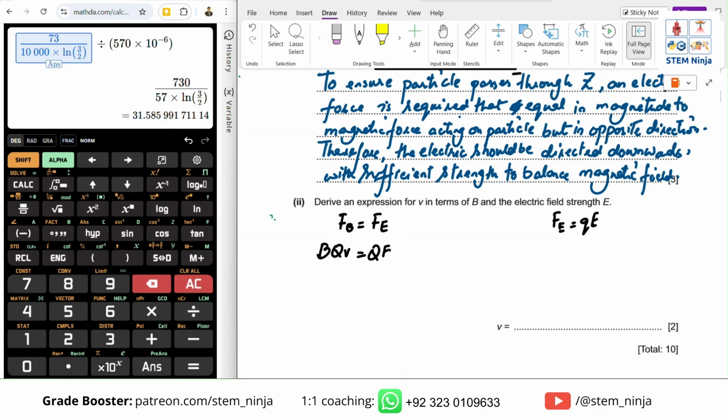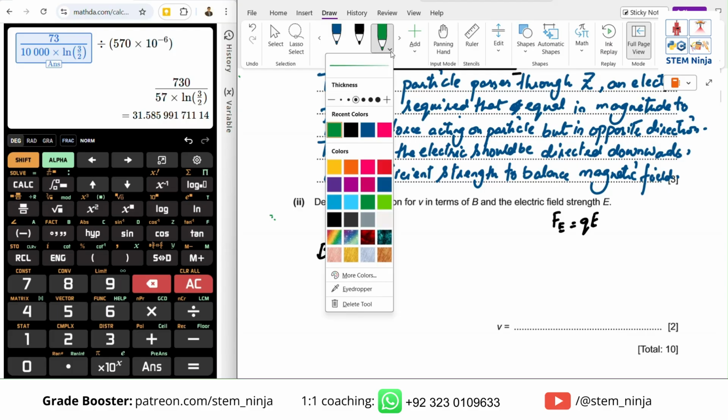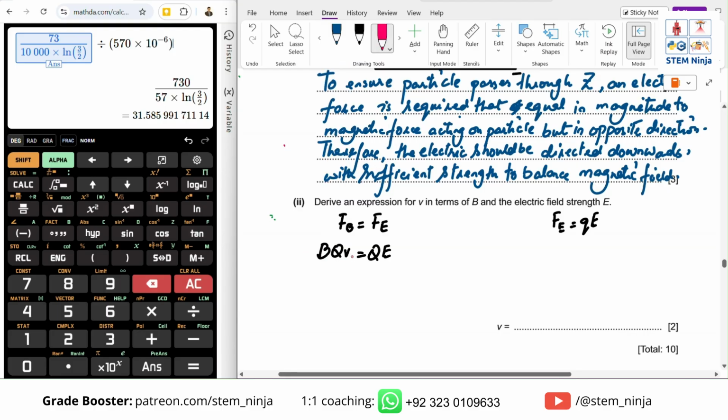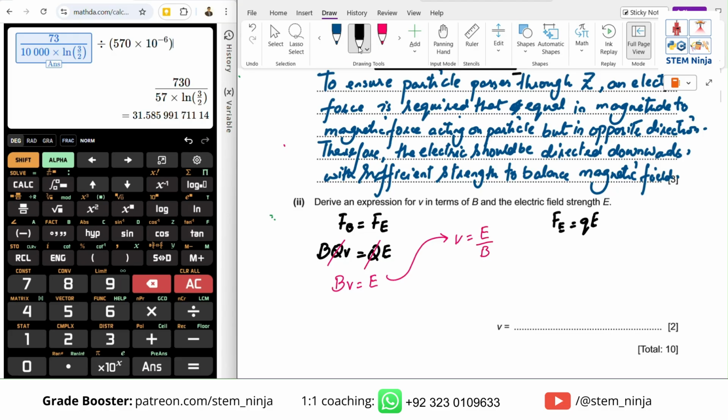As you can see, Q and Q get cancelled out, leaving us with BV is equal to E. Therefore, v is equal to E over B. So E over B. And that's it.